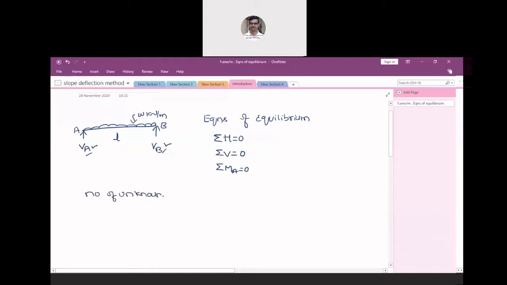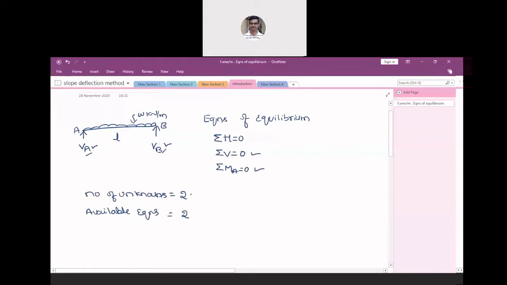Now here, the number of unknowns are equal to 2, and the available equations of equilibrium are also equal to 2, because here summation of vertical force equal to 0 can be applied, and summation of moment about any point A equal to 0 can be applied, whereas summation of horizontal force equal to 0 doesn't become valid for this example which I have taken.